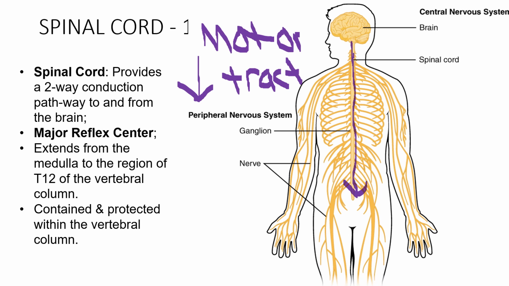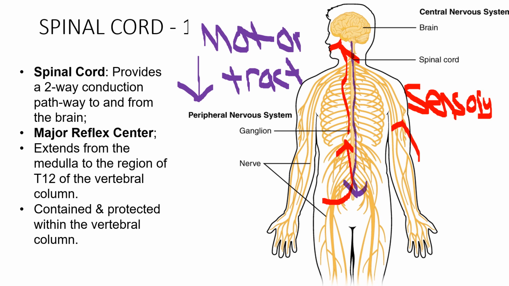And you can also call this an efferent tract or an efferent message. All the same thing. And then if you flip it, messages coming up the spinal cord to the brain is going to be a sensory message, also known as an afferent message, also known as an ascending tract going up.